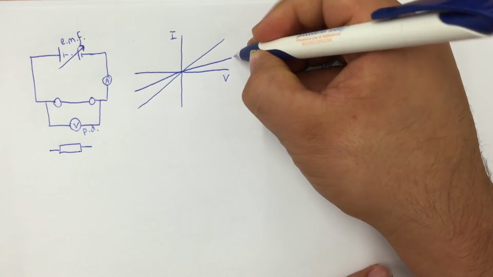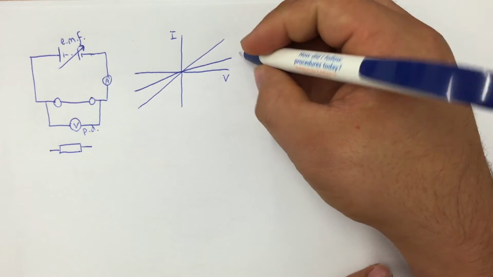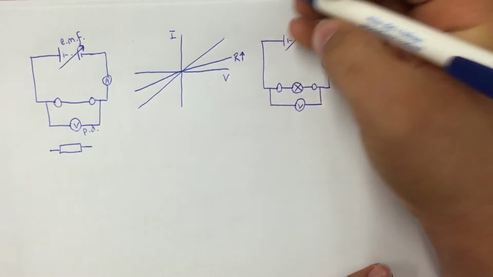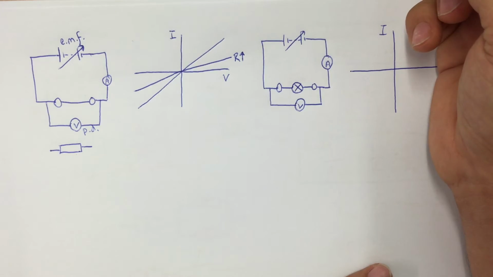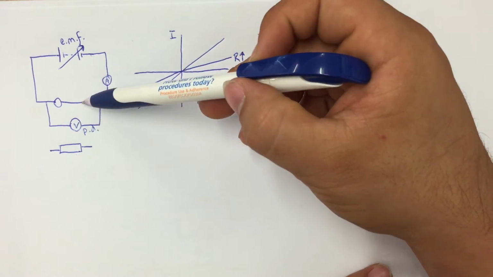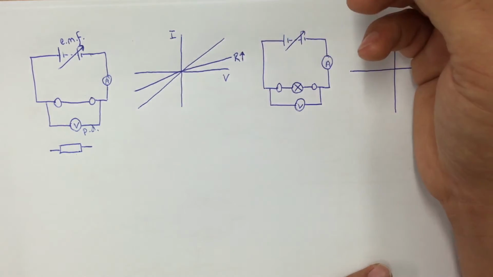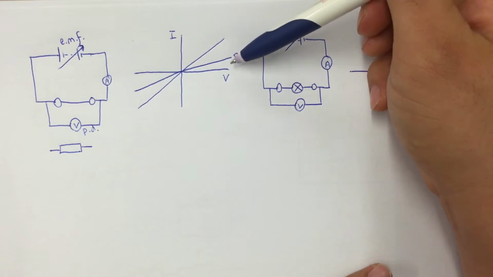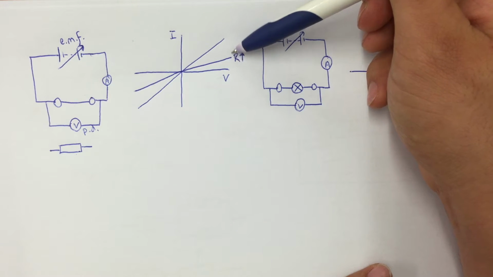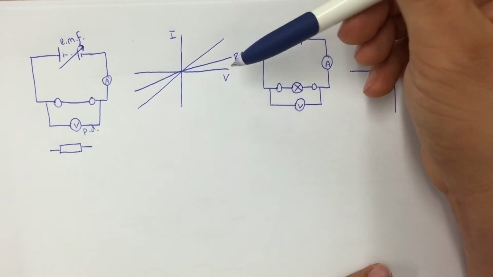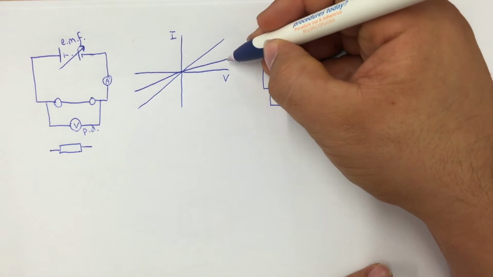So this would be, for example, a higher resistance than this one. That might be because I have a different material or a higher fixed resistor value or a longer wire, or even that the temperature of a wire might increase and therefore the resistance would increase. So a little bit counterintuitive.